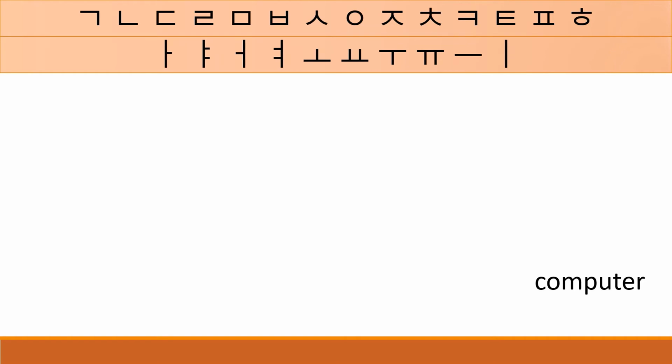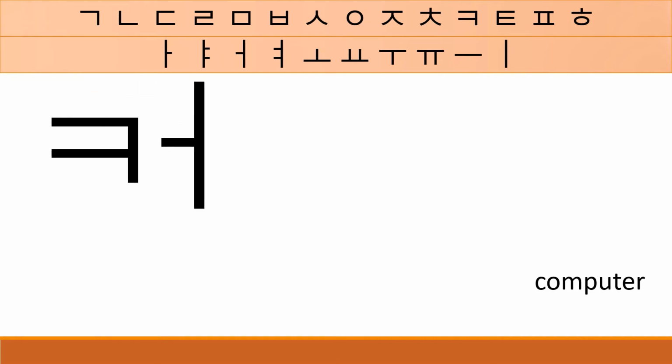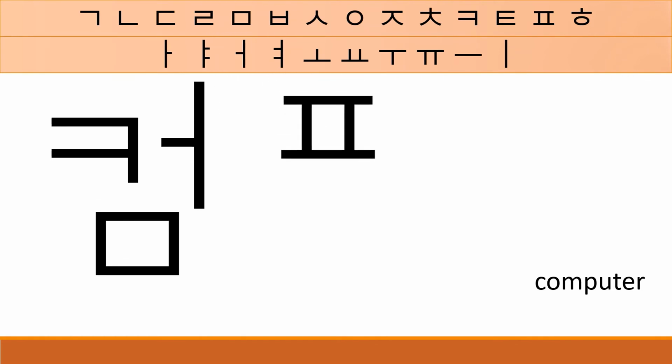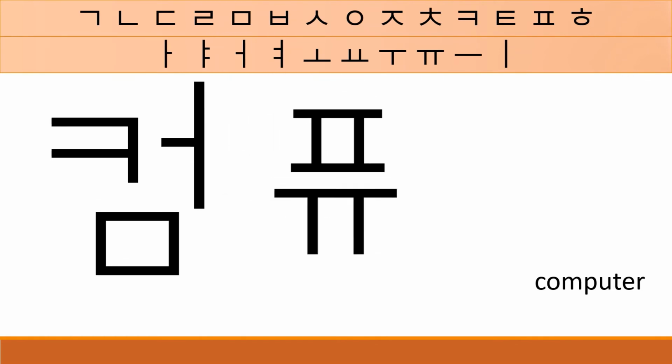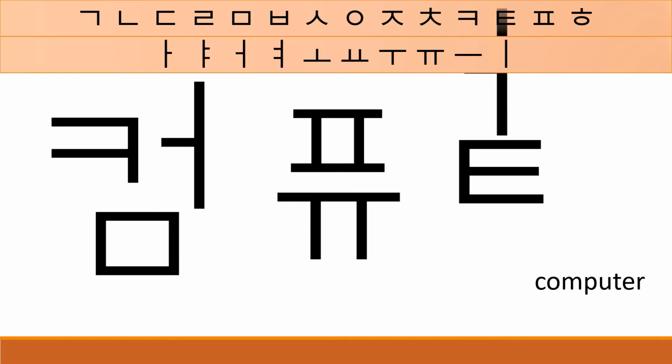So in English you say computer, but Koreans pronounce the T sound much stronger. 자, here comes the answer. 크 plus 어 makes 커 and m underneath, come. And p plus u, pew, and t plus 어, 터, computer.